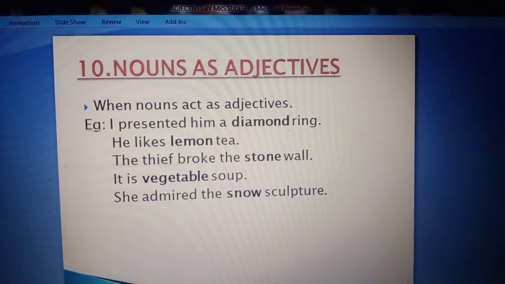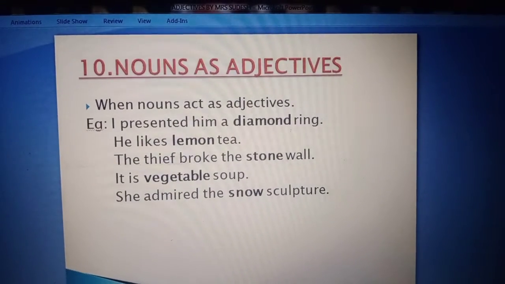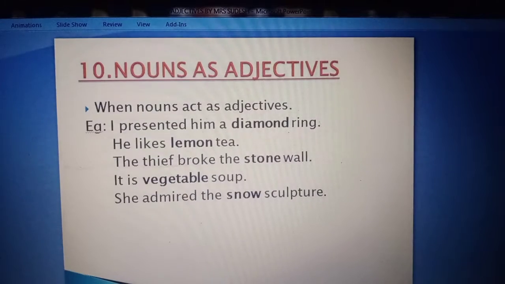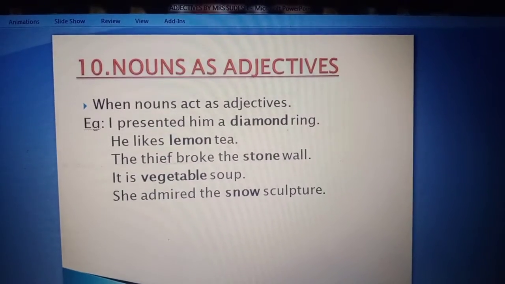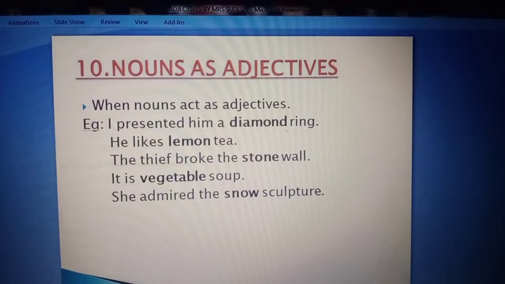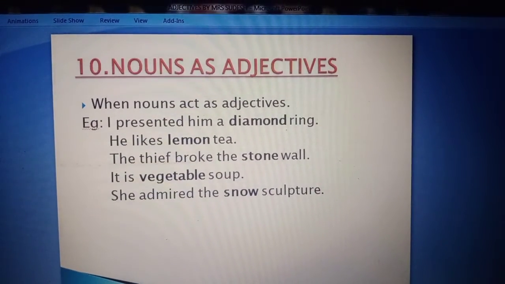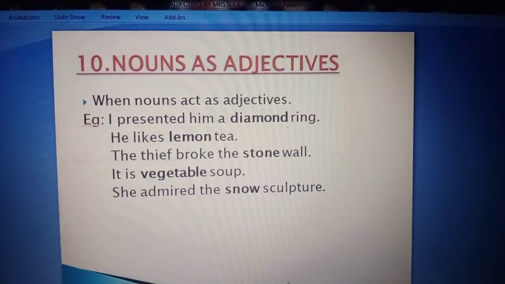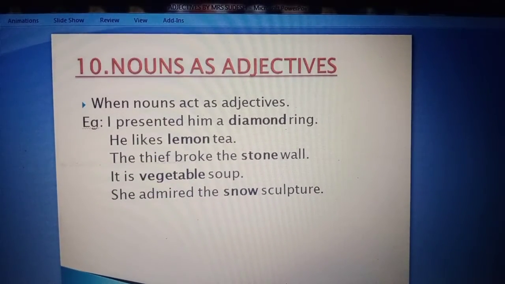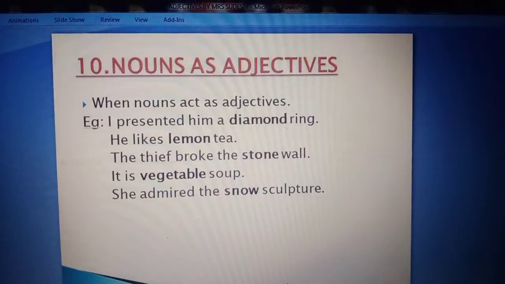The thief broke the stone wall. It is vegetable soup. She admired the snow sculpture. If you see all the words which are bold, they all are nouns, but in these examples, they are acting as adjectives. So these are the examples of noun adjectives.